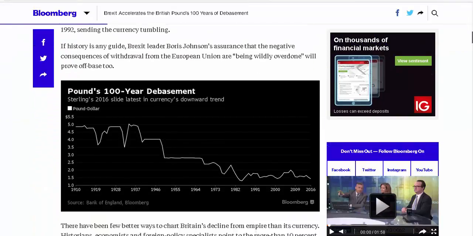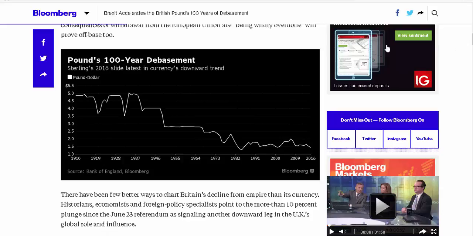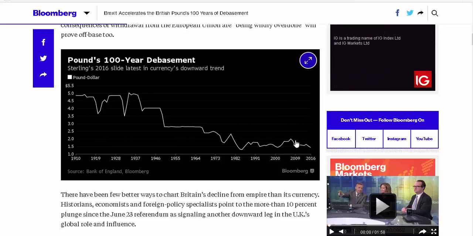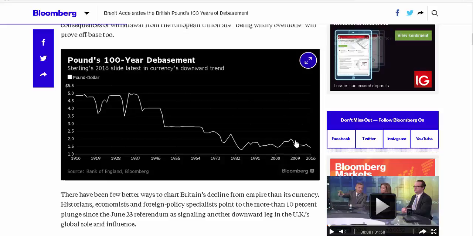The main takeaway here is that if you look over the whole 1900s, sterling has just fallen and fallen and fallen. Of course, there are two currencies involved. This is pound dollar, so you could also argue that the dollar has just gone up and up and up.